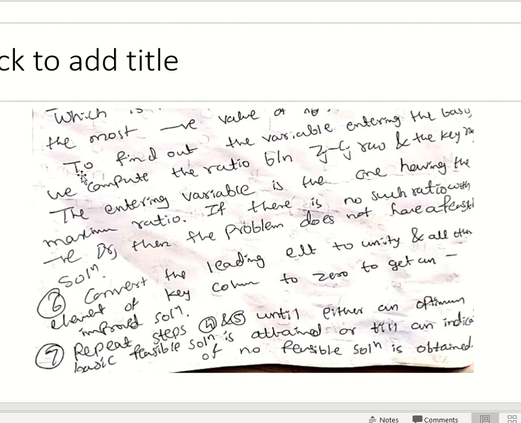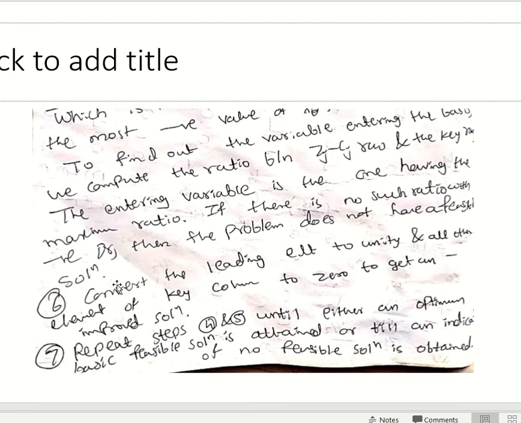Now to find the variable entering the basis, we compute the ratio between the zj minus cj row and the key row. The entering variable is the one having the maximum ratio, which we have already discussed in the big M method. The same method we apply here. Now, if there is no ratio with a negative denominator, then the problem does not have a feasible solution.